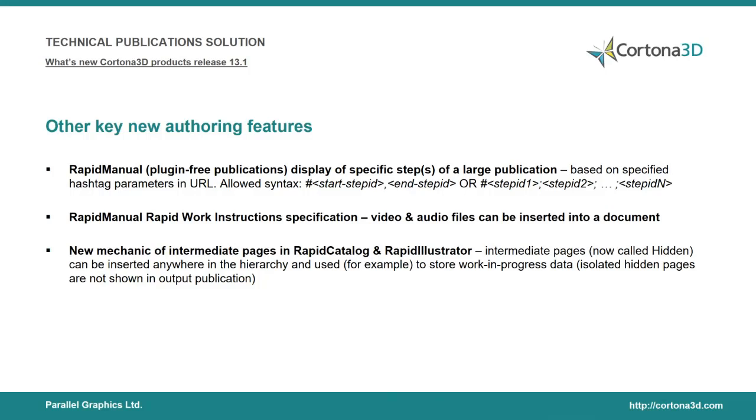And if those hidden pages are sitting isolated, meaning that there is no page beneath a hidden page, then that page will not go into your HTML or publication in general, and you can use that isolated hidden page as a container for your temporary data or work in progress data.